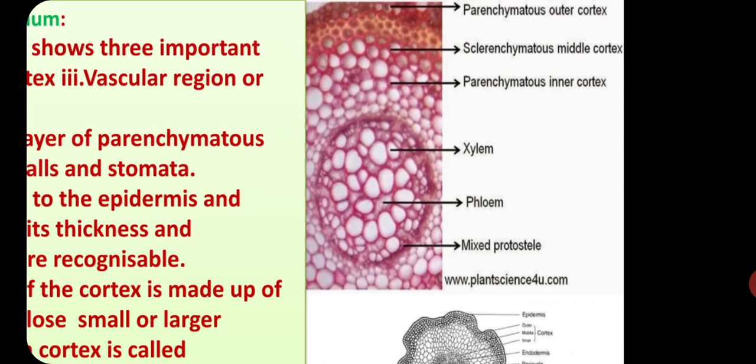Epidermis and cortex; the cortex is divided into three regions: outer cortex, middle cortex and inner cortex. The outer cortex is made up of parenchyma, the middle cortex is made up of sclerenchyma, and the inner cortex is made up of parenchyma. The endodermis encloses a single-layered pericycle, and it encloses the vascular tissues, xylem and phloem.